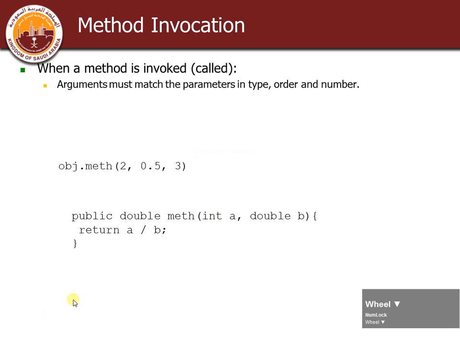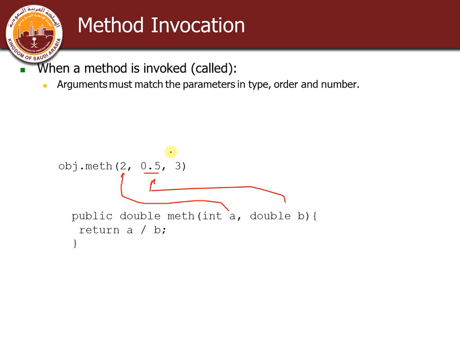Fine. What about this one over here? It is valid. Look, I'm giving an int as the first argument and a double as the second argument. And I have an int in the first parameter and a double in the second. So does it look good? Yes, but this is a problem.